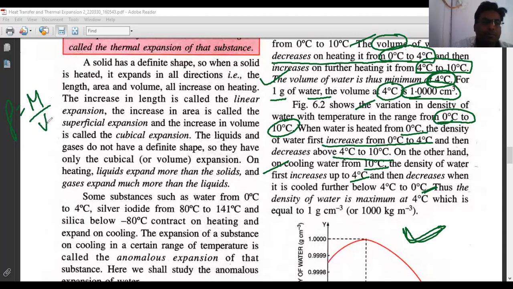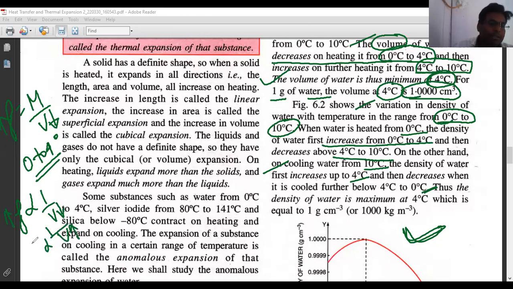So from 0 to 4 degrees Celsius, it is contracting, so volume decreases and density increases because they are inversely proportional. When volume decreases, density increases, and when volume increases, density decreases. So this is the main point.